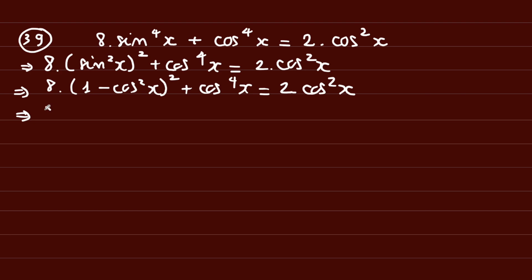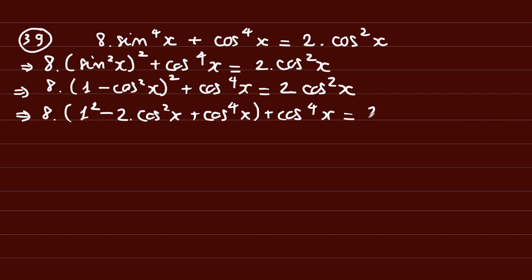Yeah. So using a perfect square for the bracket, this one you get 1 squared minus 2 times cos square h plus cos to the power of 4 h in here, plus cos to the power of 4 h, equal to 2 cos square h like this one.